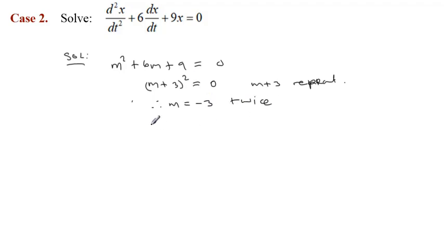What we see here is that minus 3 is a real root, but most importantly, it is repeated twice.